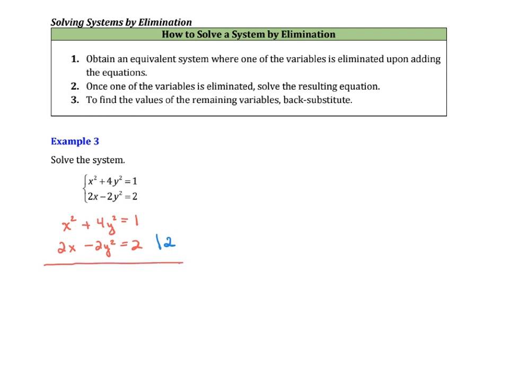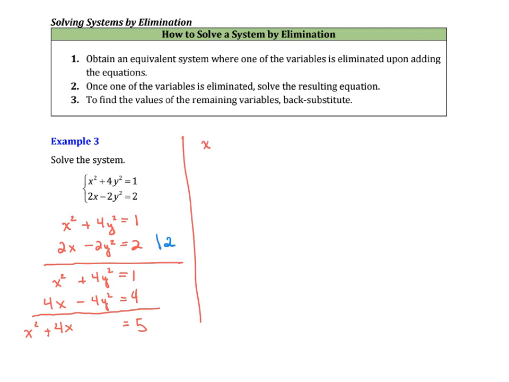If we do that, our first equation remains the same. Our second equation becomes 4x minus 4y squared equals 4. Now if we add these two equations, we have x squared plus 4x, and the y squareds add out, and the right-hand side is just 5.